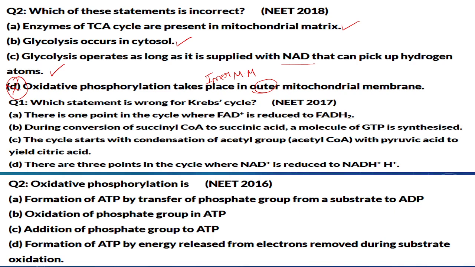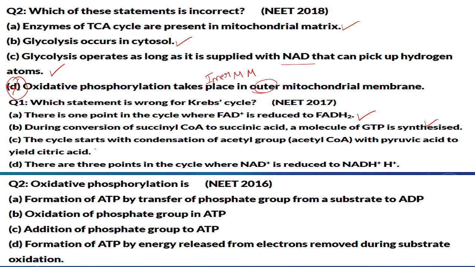Next question. Which statement is wrong for the Krebs cycle? There is one point in the cycle where FAD is reduced to FADH2. Yes, there is one point. During conversion of succinyl coenzyme A to succinic acid, a molecule of GTP is synthesized. Yes, it is correct. The cycle starts with condensation of acetyl group with pyruvic acid to yield citric acid.